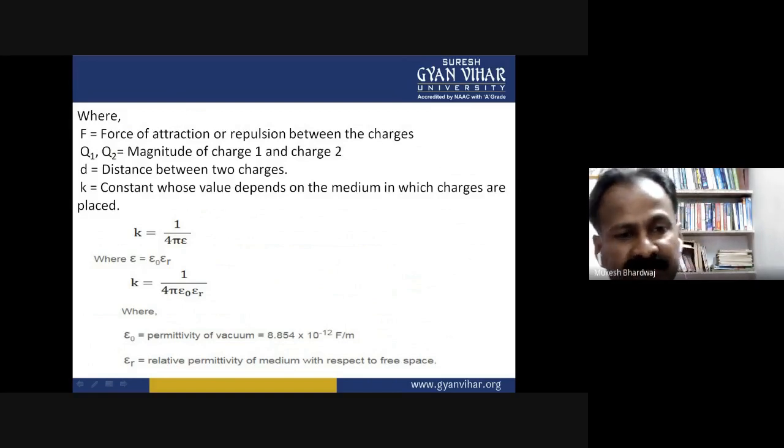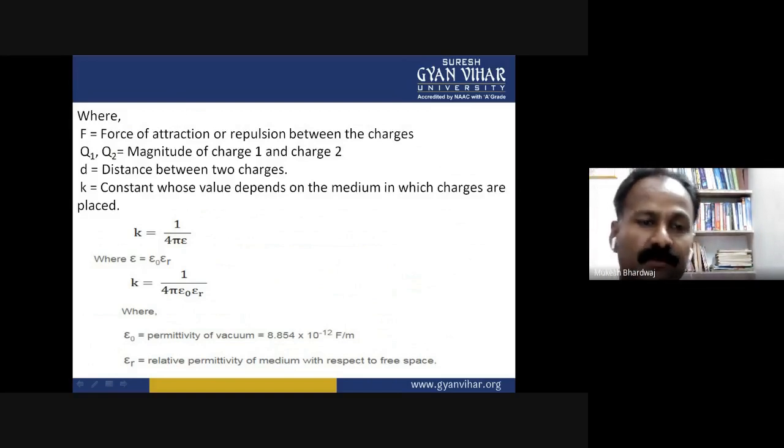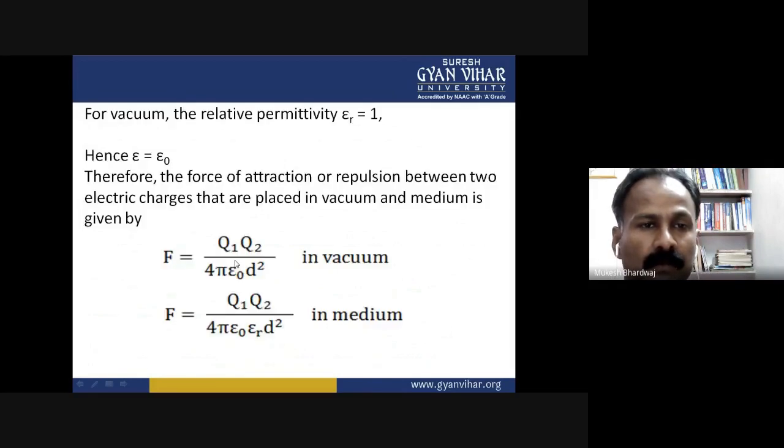So epsilon naught is the permittivity of vacuum, and its value is 8.854. And epsilon r is the relative permittivity of the medium with respect to free space. For vacuum, the relative permittivity epsilon r equals 1. Hence, permittivity equals epsilon naught.